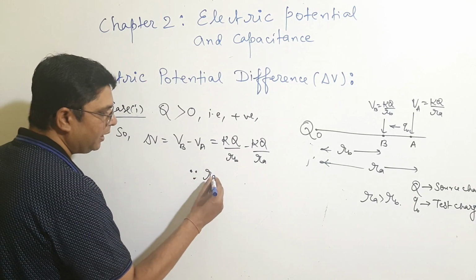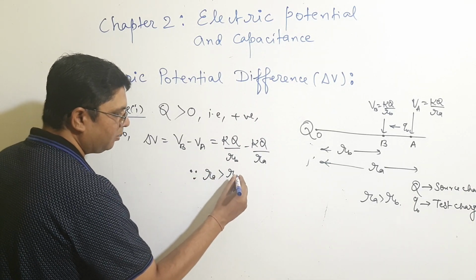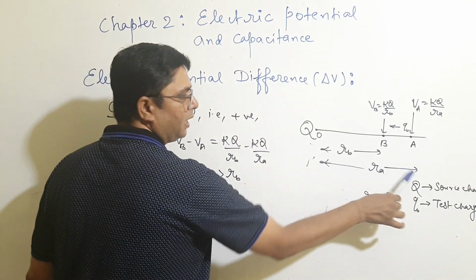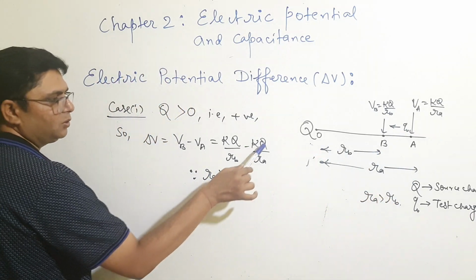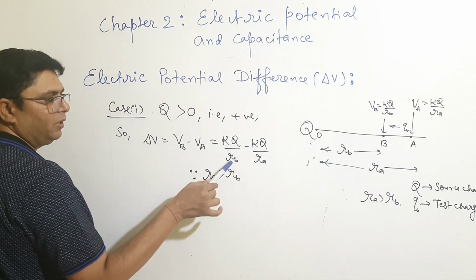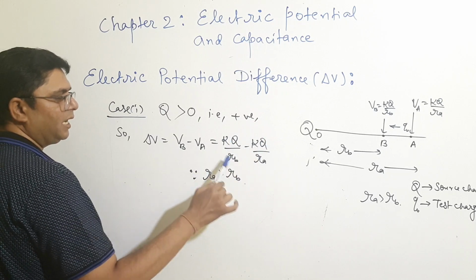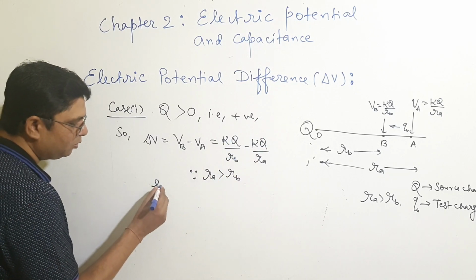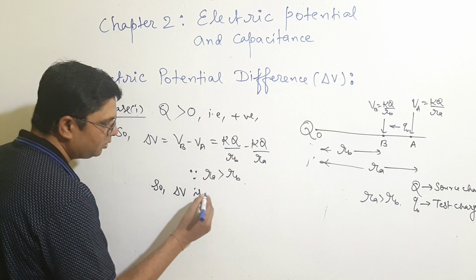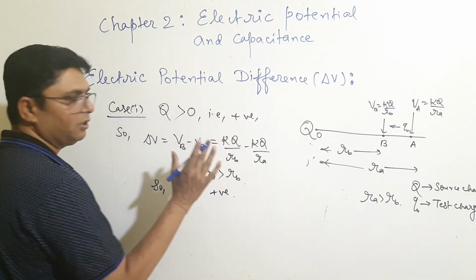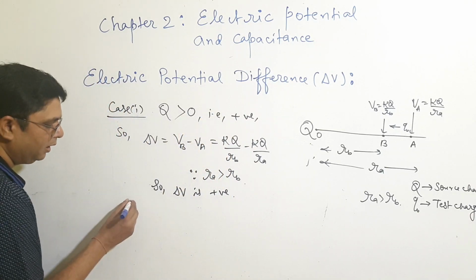Since RA is greater than RB, this quantity is less than this quantity. So when you solve it, the answer comes to be positive. So delta V is positive in this situation when Q is greater than 0.